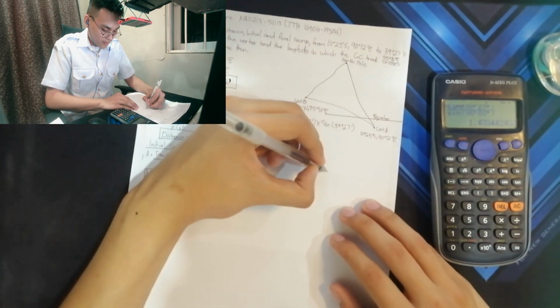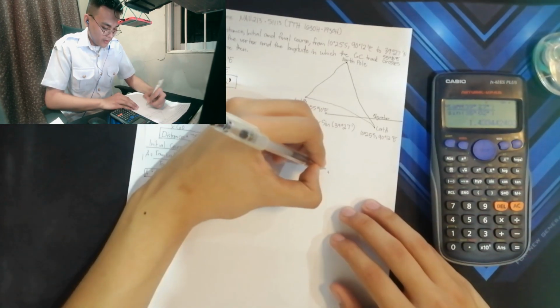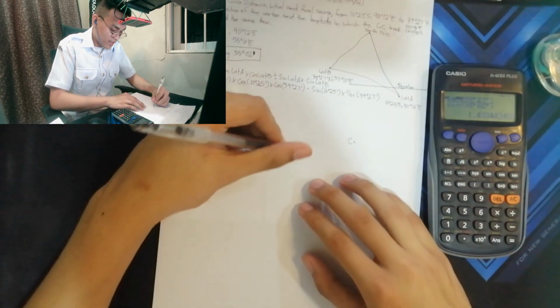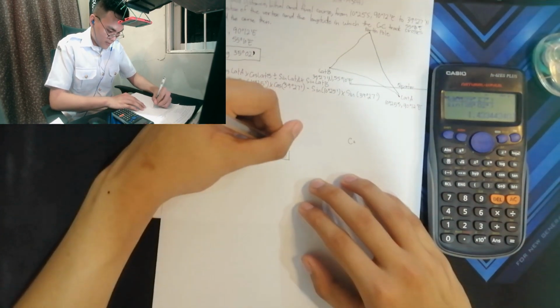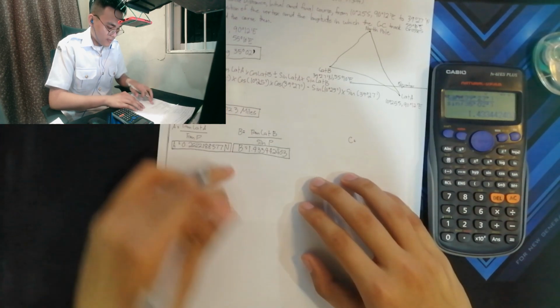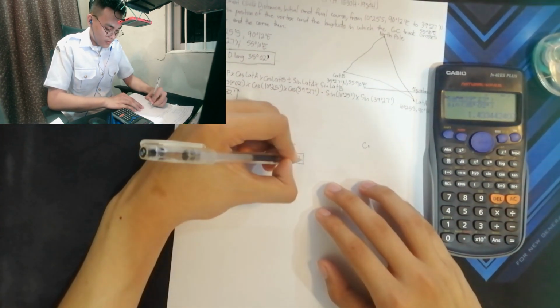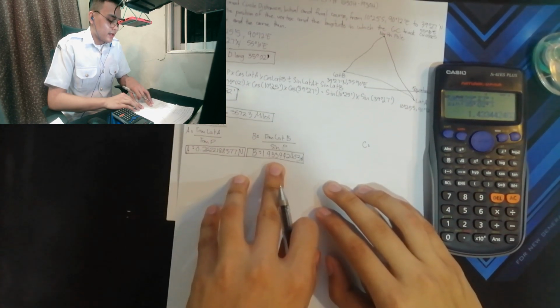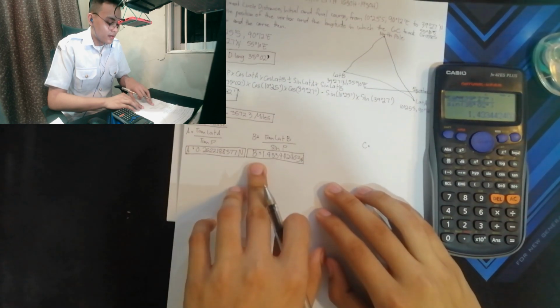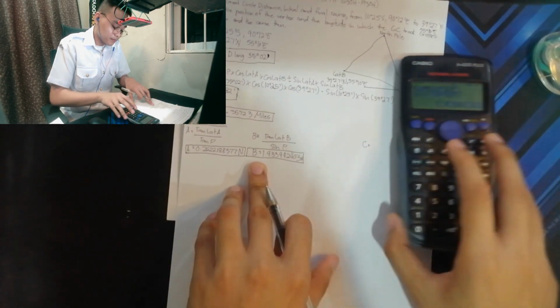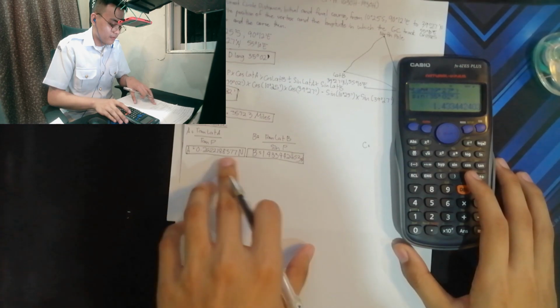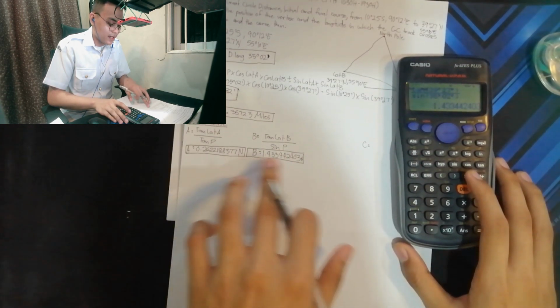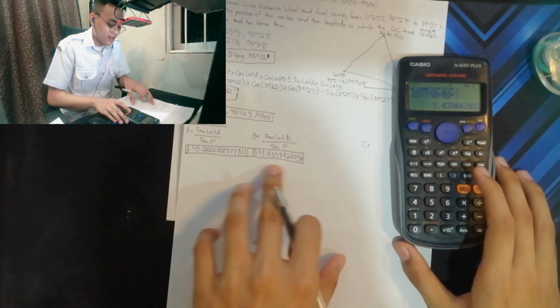So for your C, you're just gonna minus your A. So north. In getting C, it's either gonna plus or minus your A and B to get your C. In this case, since we both have the same signs, which is north, we have to add that one.